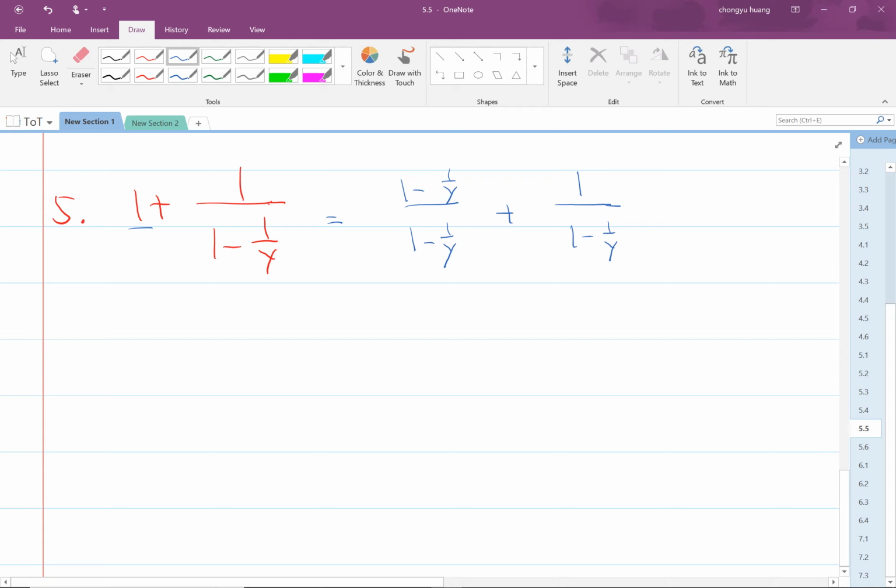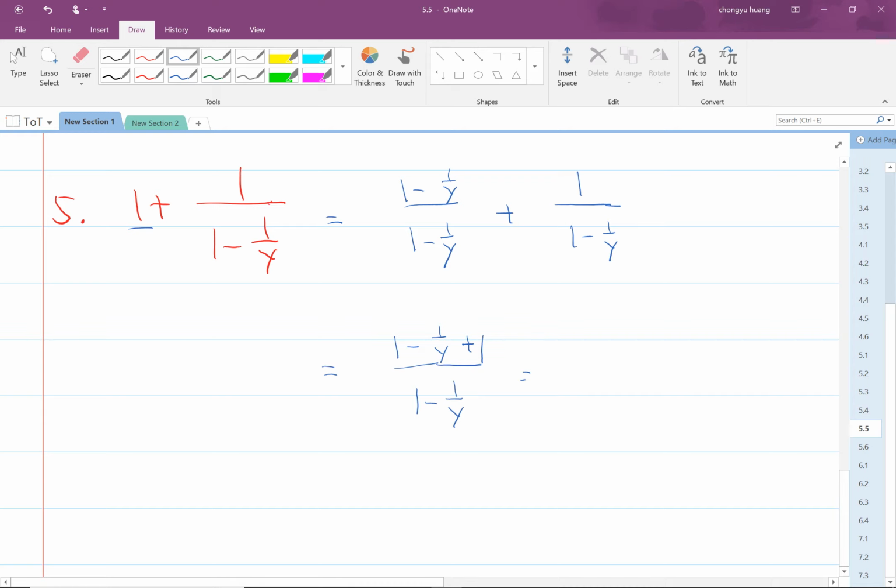So you basically want to simplify it. I think this question is not that difficult. You can see over here we have 1 minus 1 over y, and then you have a plus 1, and the denominator will be the same thing.